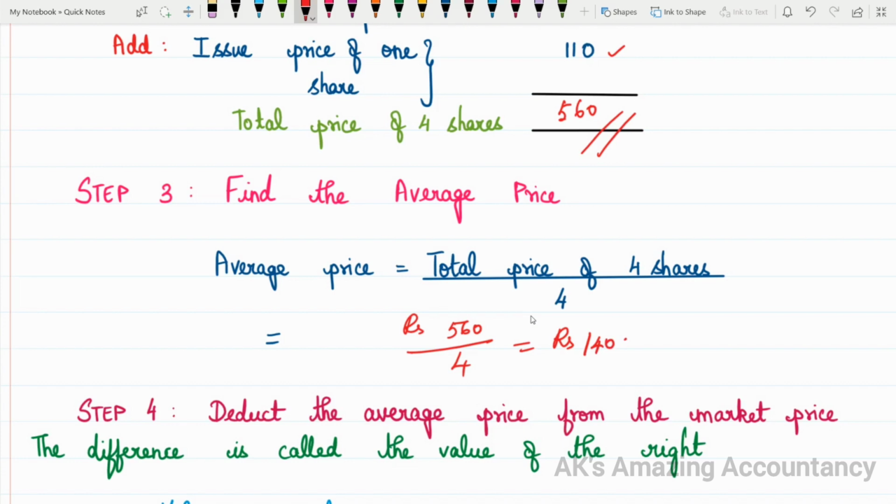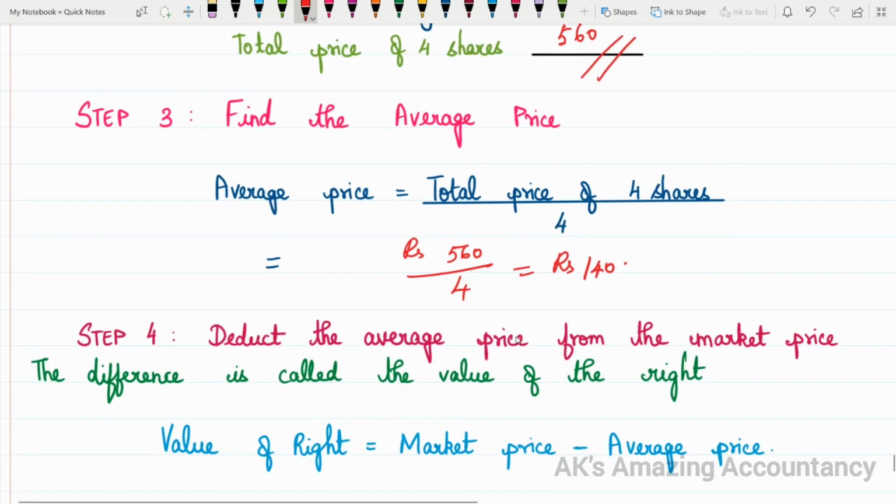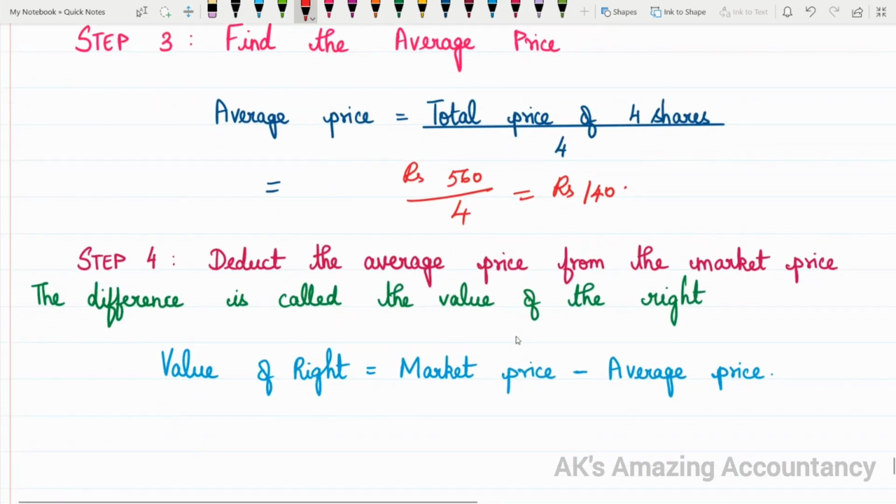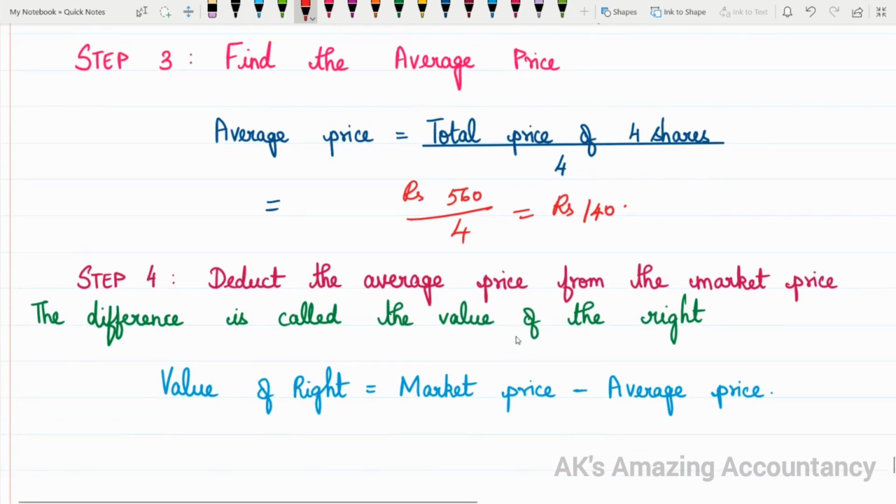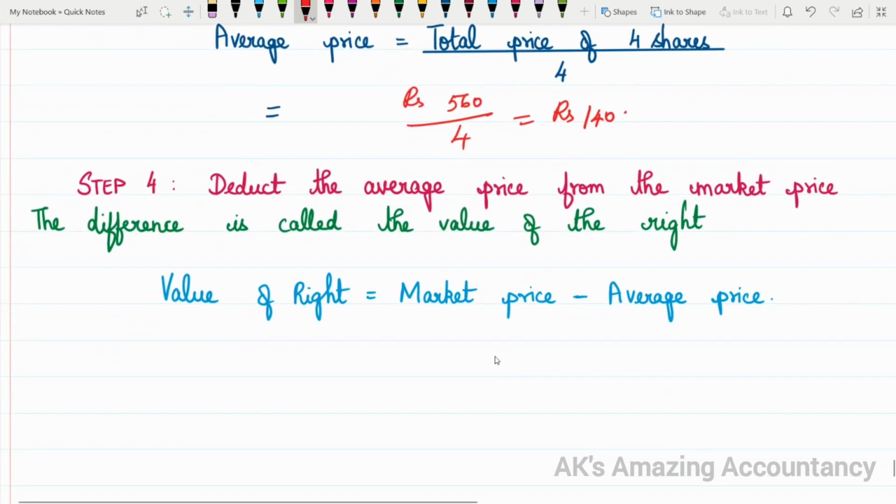Okay. Now step 4. What is step 4? Step 4 is to find the value of the right. Deduct the average price from the market price. The difference is called the value of the right. So, okay, this is the way in which you have to find the value of the right. So, value of the right is equal to market price minus average price. How will you find it out? What is the market price which we calculated already?